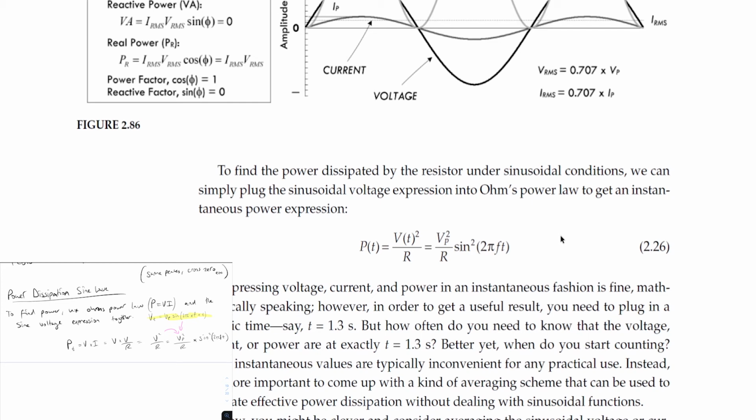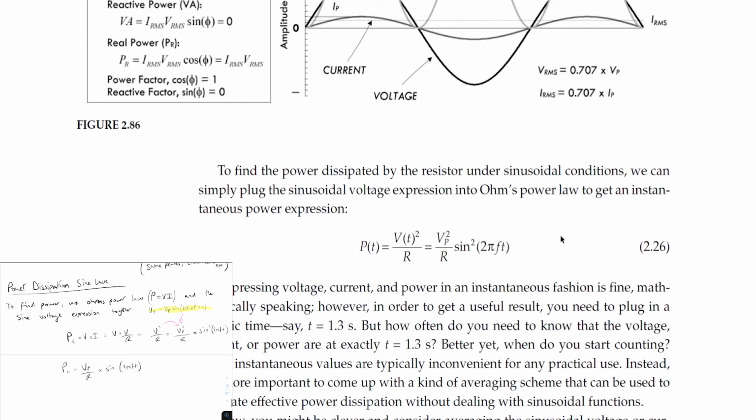Why didn't we just say P of t, so power is equal to, why don't we then just go V peak over R times sine 2 pi ft, and then all of that times current? Why don't we just do that? I don't know why we didn't do that. Anyways, this is what it is. It is what it is.